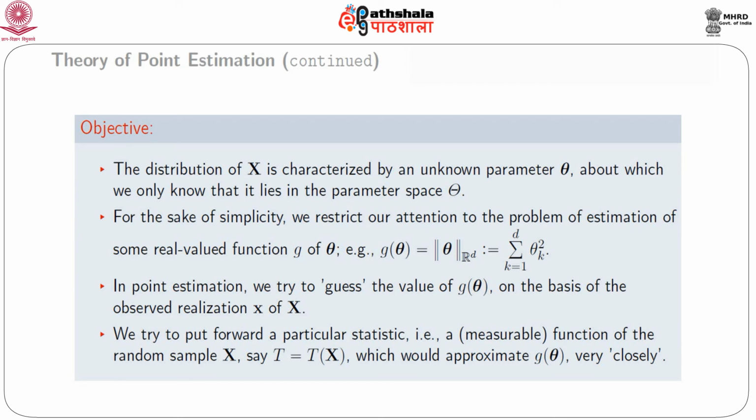In point estimation, we try to guess the value of g theta on the basis of the observed realization x, small x, of the vector capital X. We try to put forward a particular statistic, that is a measurable function of the random sample x vector, say capital T equals T of x, which would approximate g theta very closely.